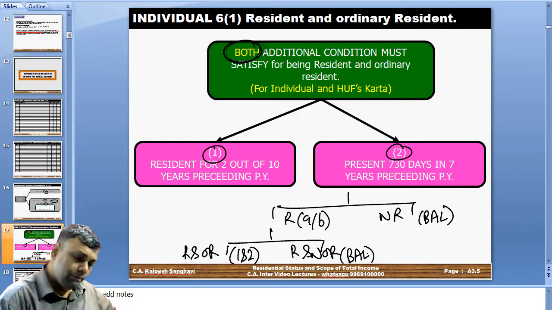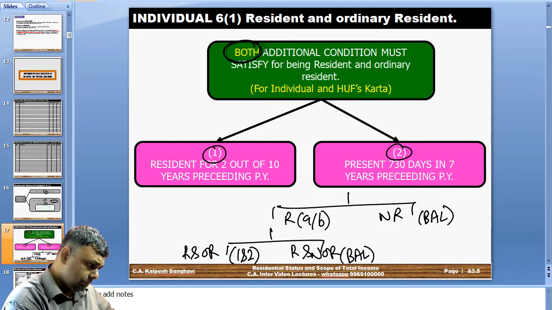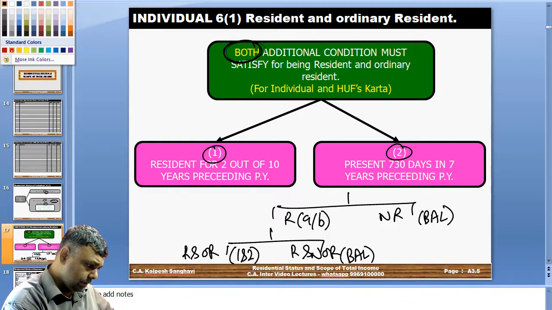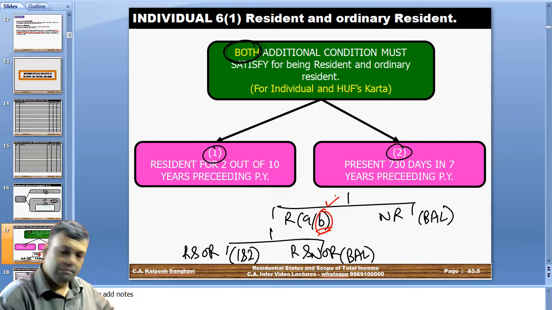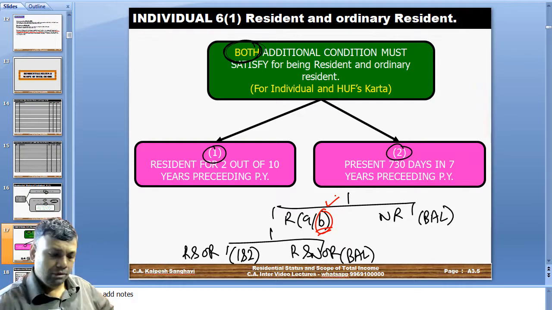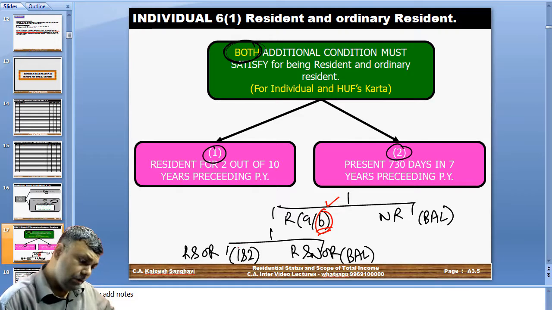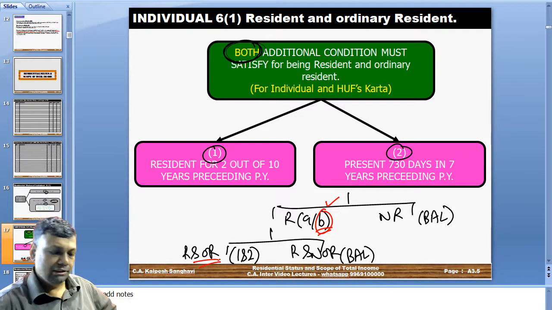Now in the given question, let me change the ink color. We have already decided that condition B is satisfied. So you are already resident. And because you are already resident, now you have to think whether you are ordinarily resident or you are not ordinarily resident.